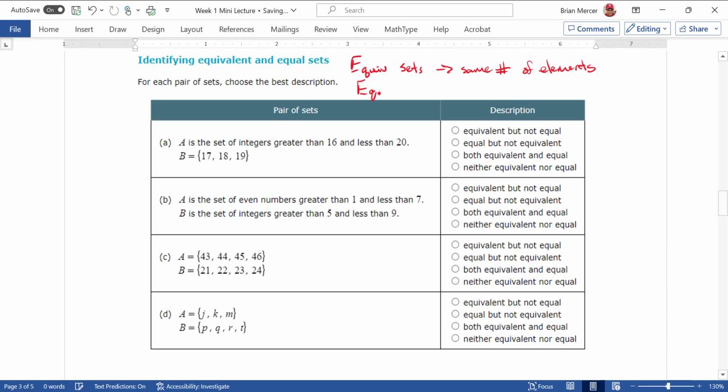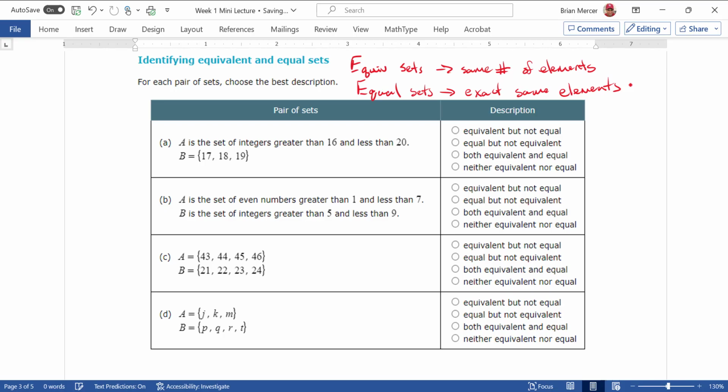Equal sets, those have the exact same elements. So equal sets are truly the exact same set. Equivalent sets just have the same number of elements.